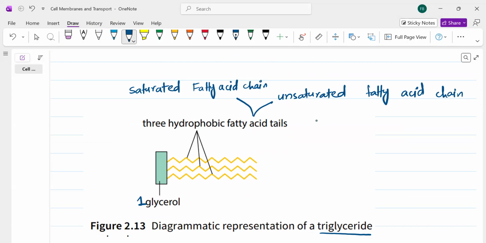And in unsaturated fatty acid, what is the composition? They have a carbon double bond.